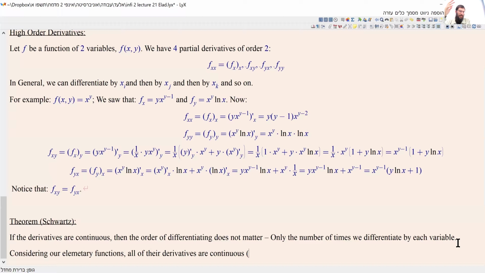All of them, we've already seen it, except derivatives of roots. Only the derivatives of roots can cause problems at the points where the root is 0.